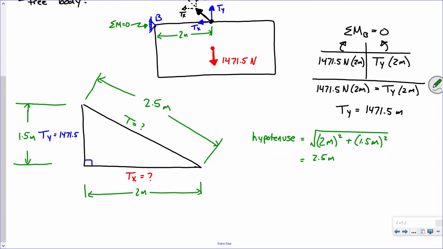Watch this. Ty is to 1.5 as this tension is to 2.5. That's it. So, therefore, or 2.5, sorry.